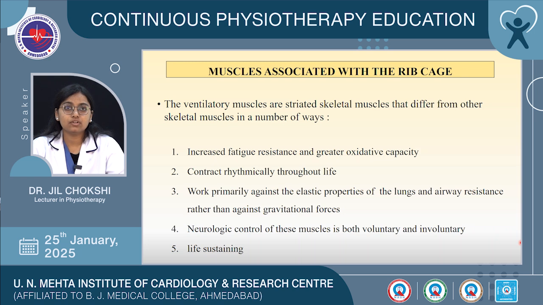Fourth, the neurological control of these muscles is both voluntary and involuntary. Voluntary means we can control the function, and involuntary means it performs automatically. We cannot control its function, and it is life-saving.